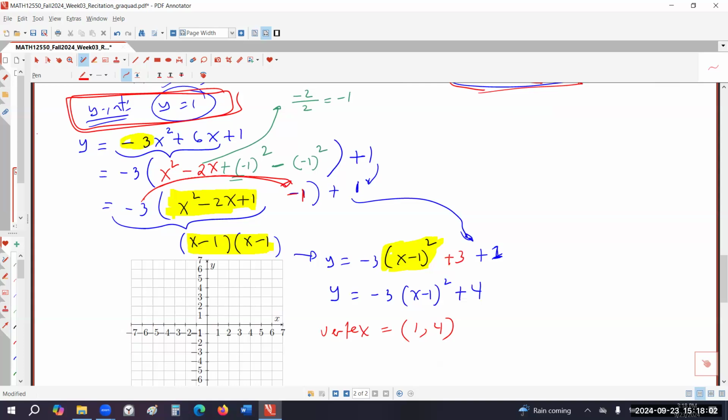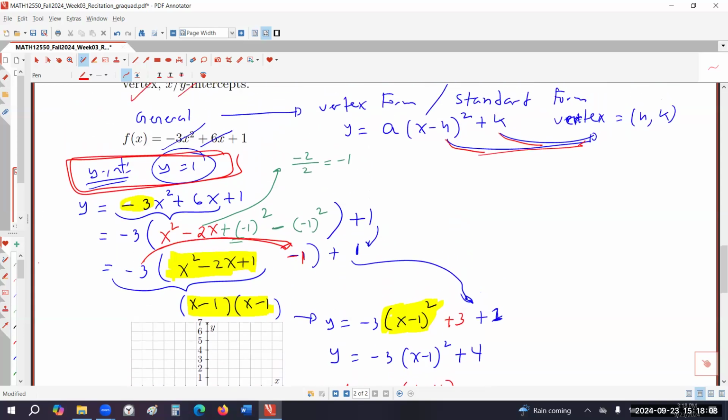Yeah, I thought it was -1 on 4. Oh, never mind. The rule says H is negative inside the parentheses, but when you pull the number out, it changes sign. So if you actually had a positive number inside the parentheses, it would have been -1. For example, if it had y equals, let's say, 5(x plus 3) squared minus 2.